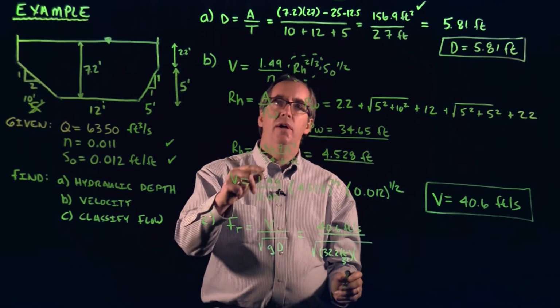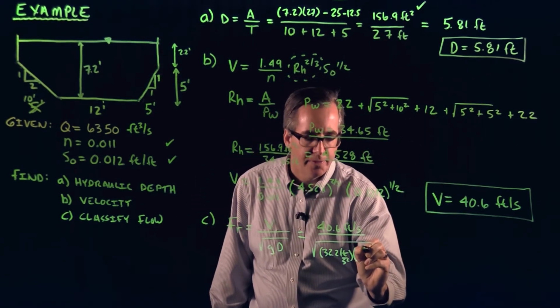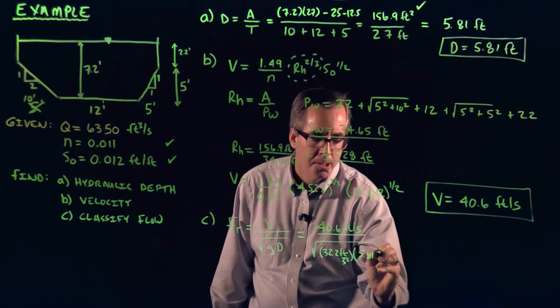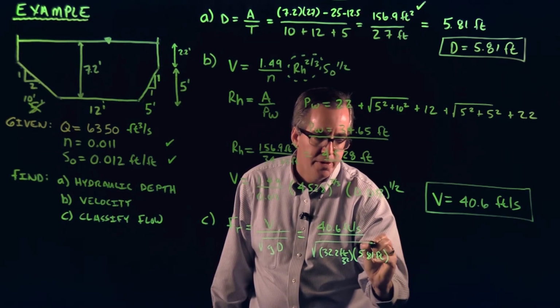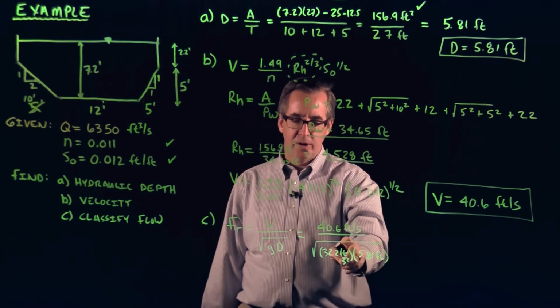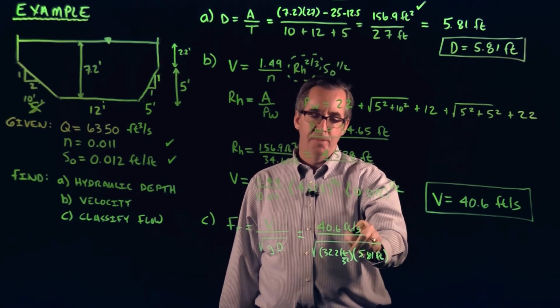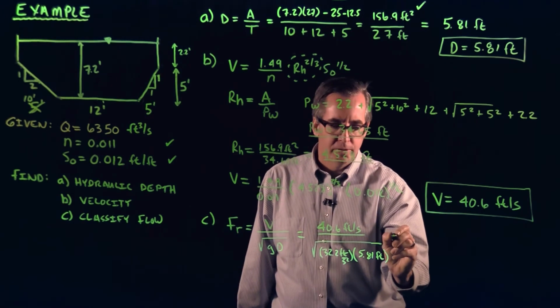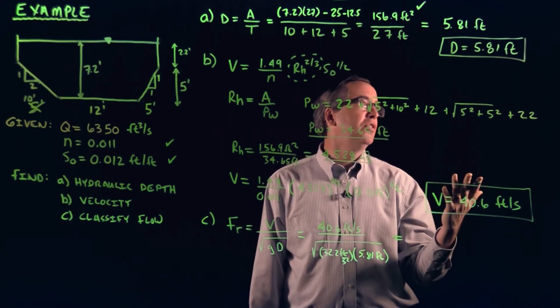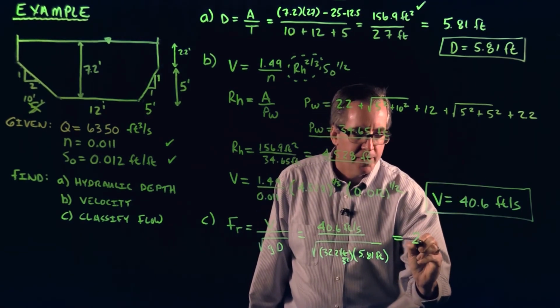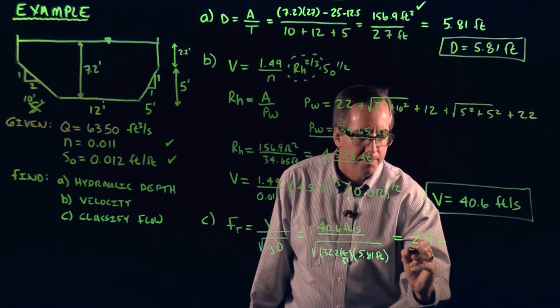And the hydraulic depth that we calculated in part A is 5.81. Notice how all these units cancel out: we'd have feet squared per second squared, the square root is feet per second in the denominator, and we have feet per second in the numerator. So the Froude number comes out, as it should, as a dimensionless term, and it comes out to be 2.97.